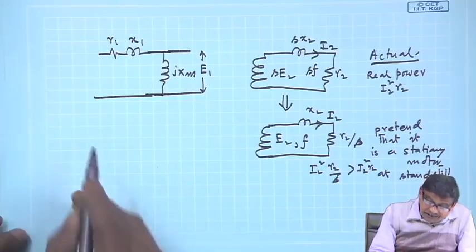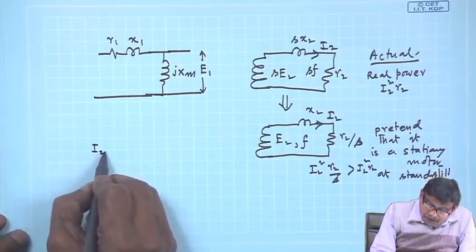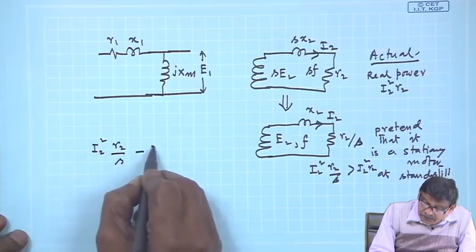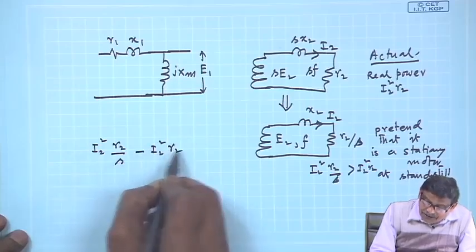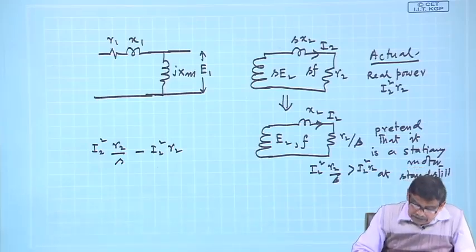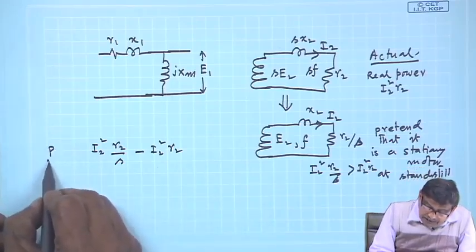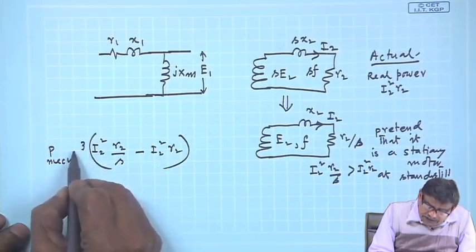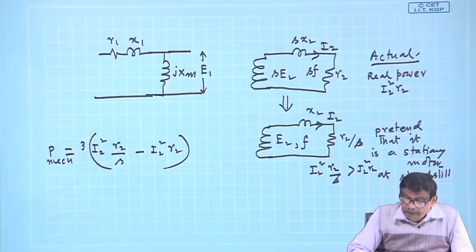Then I will say, oh, mechanical power per phase is I2 square R2 by S minus I2 square R2. These are all the niceties about this way of thinking. So, this must be the mechanical power, and if it is 3 phase, multiply by 3, that is all.